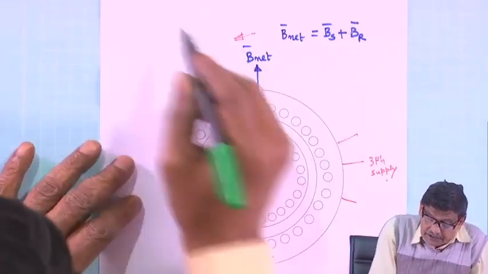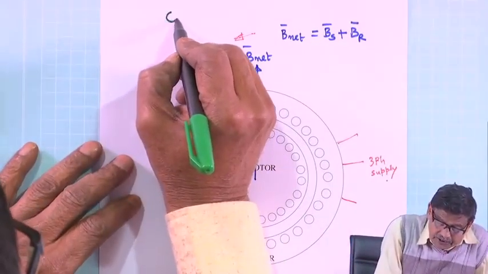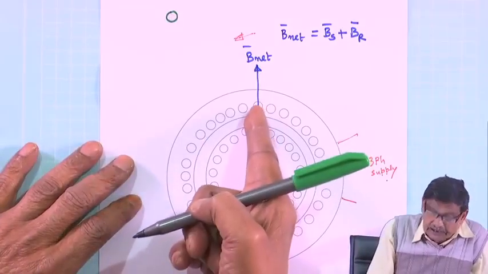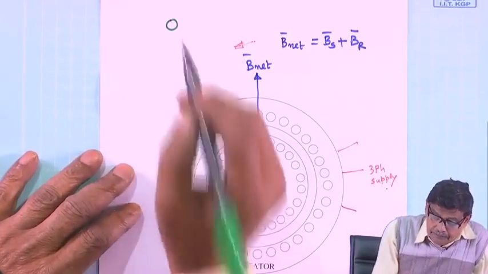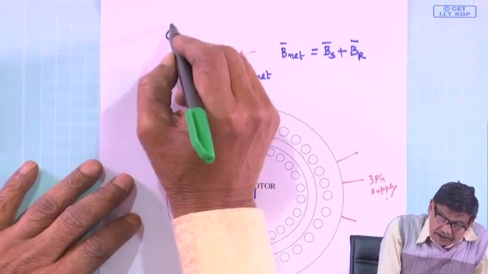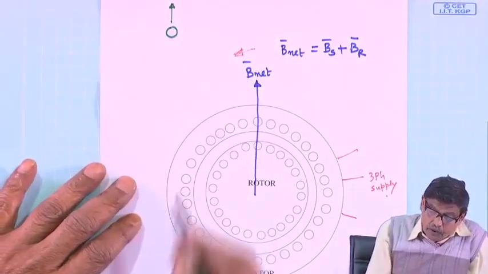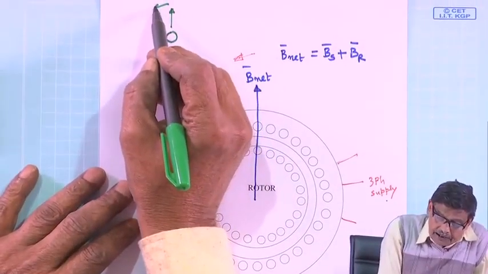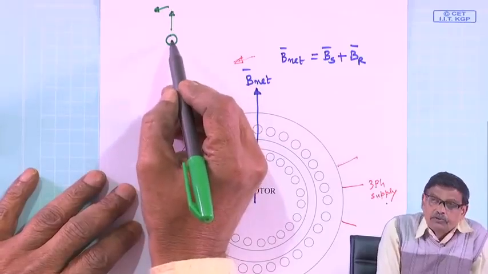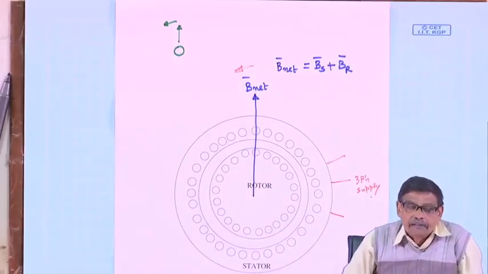So, here is a situation where you have a stationary conductor, stator coil if you look at, and you have a field like this which is moving, and I want to know what will be the induced voltage in this conductor.